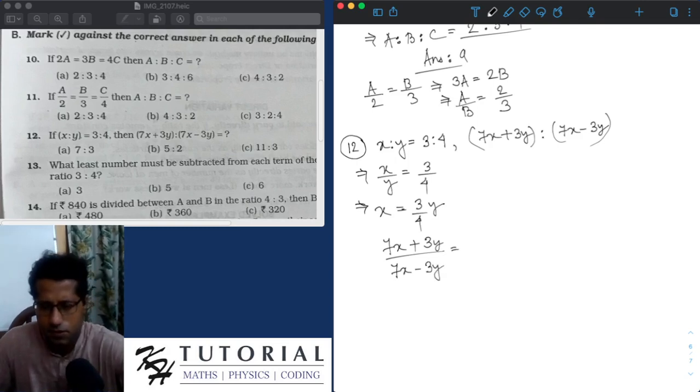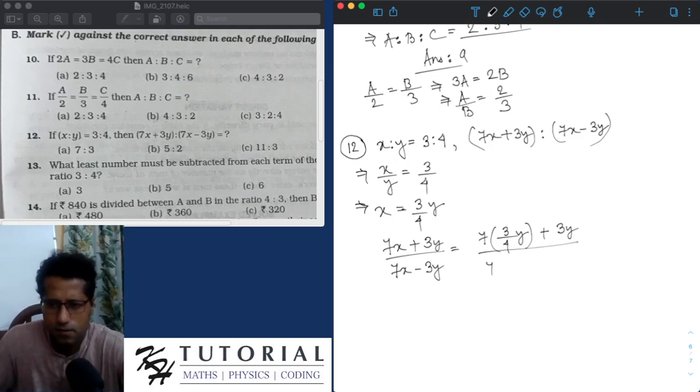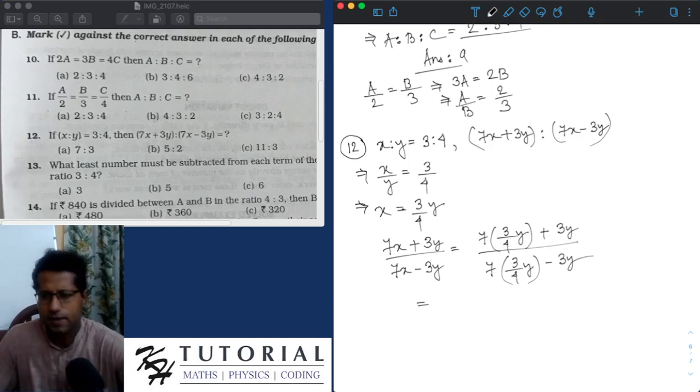Now here I will substitute x in terms of y and I will get 7 into 3 by 4 y plus 3y divided by 7 into 3 by 4 y minus 3y.